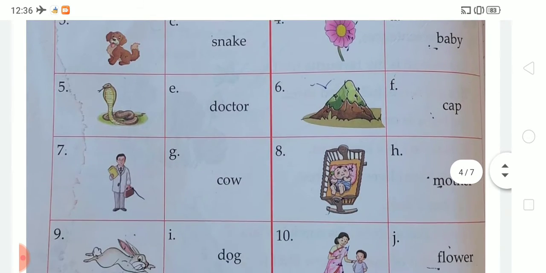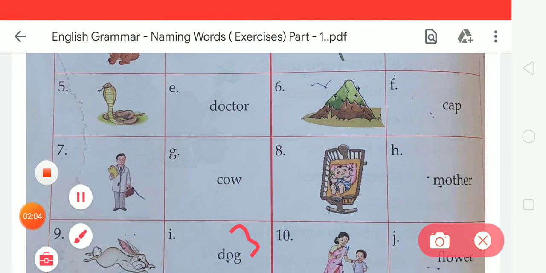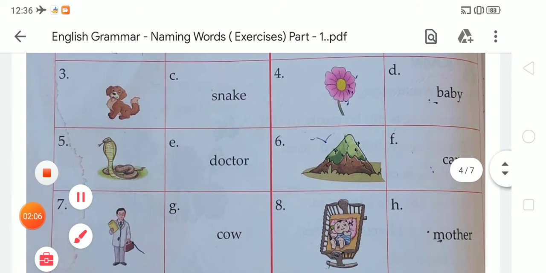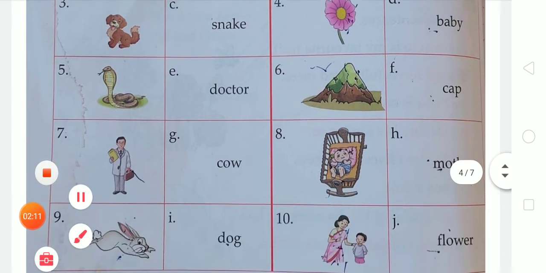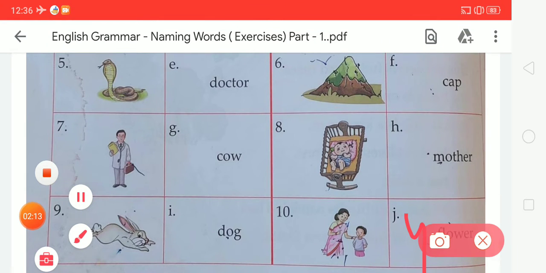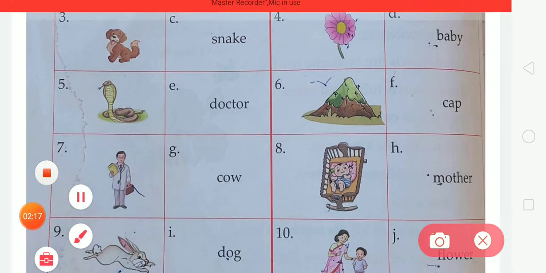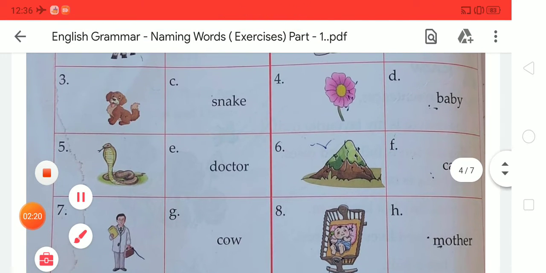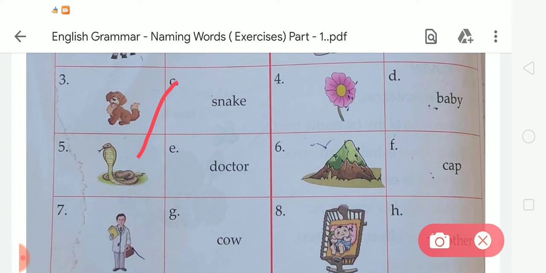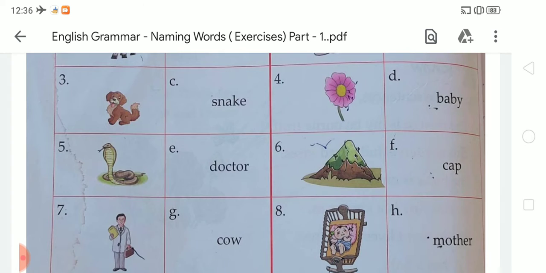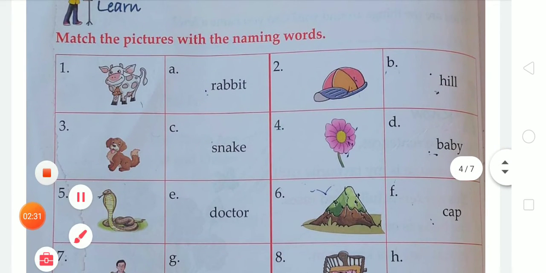This is a dog, so we have to match it with I. In number 4 there are flowers, so we have to match with J. In number 5 there is a snake, so we match it with C. Now number 6 is a heel, so we match it with B.